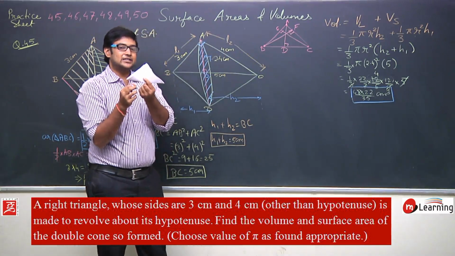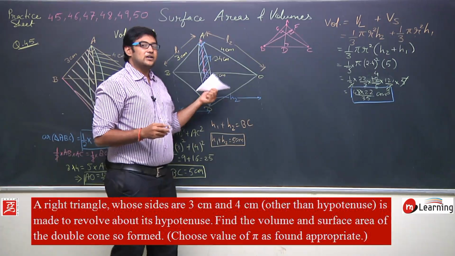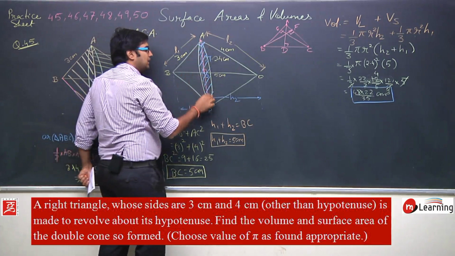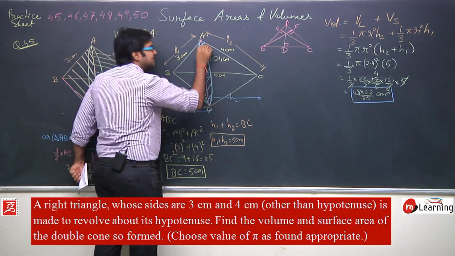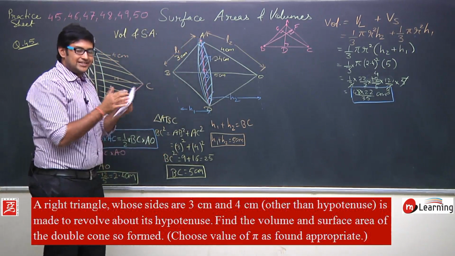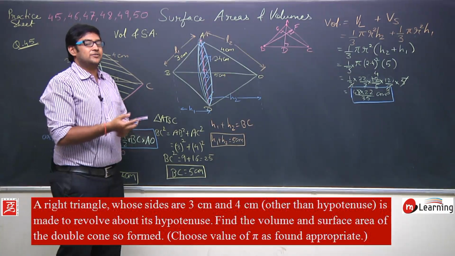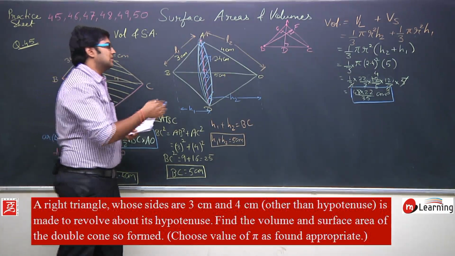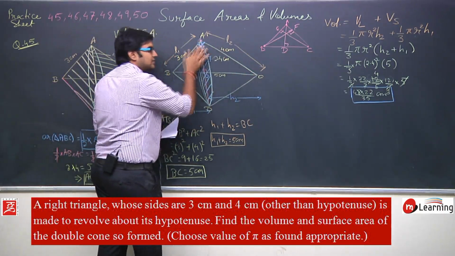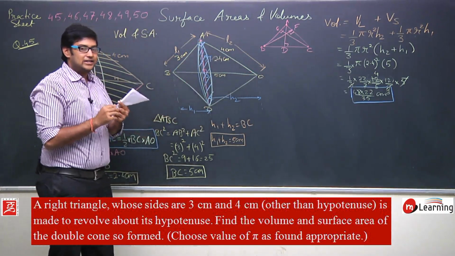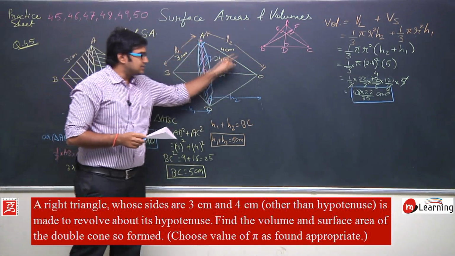So what I can say is, for this particular figure, both the bases are inside the figure. The surface which is outside, the surface which is open to the environment, is only the outer surface of this figure, that is AB and this AC.